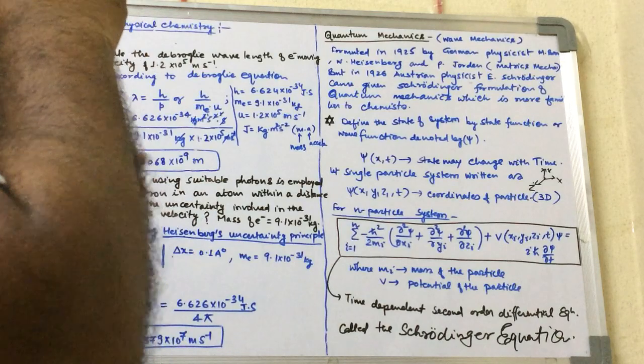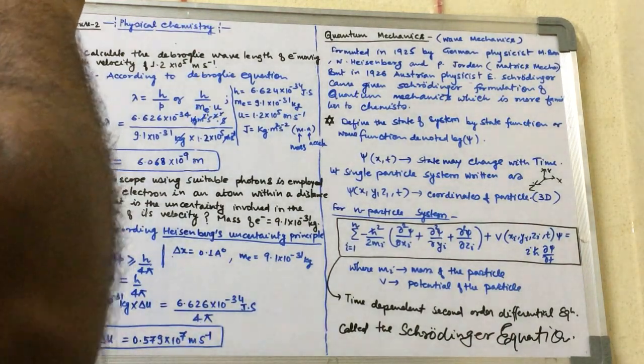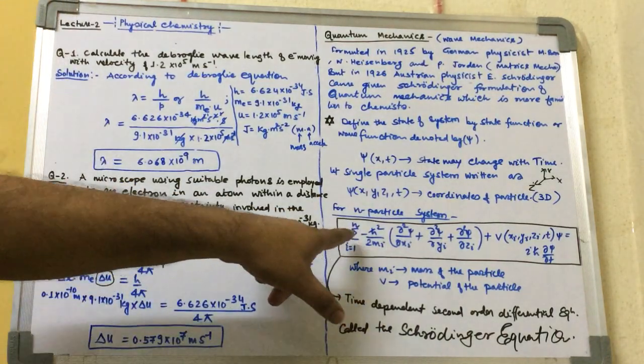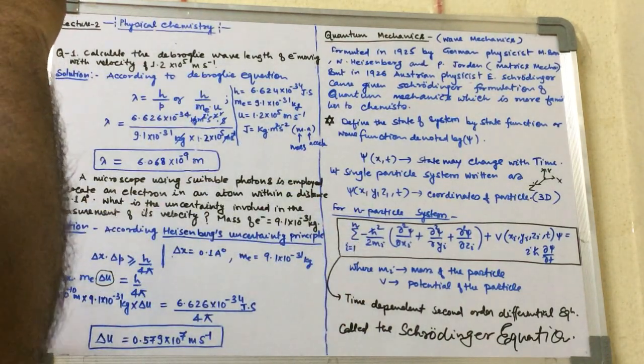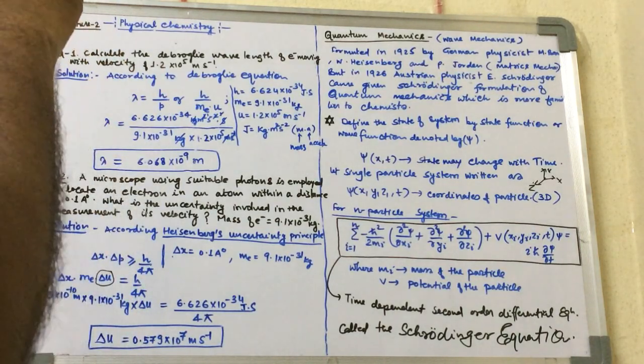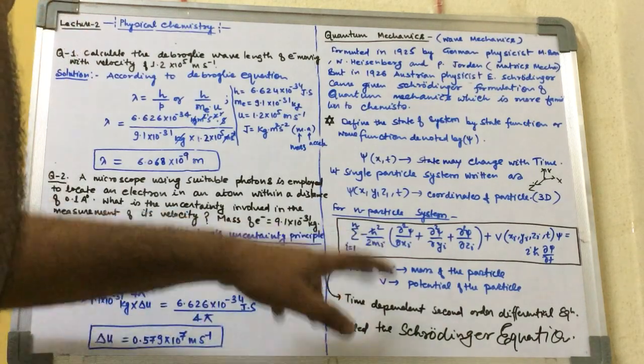Now we will talk about the n particle system. An n particle system means there are so many particles involved in that system. Then we could write the equation with a summation, because when we combine more systems, we use summation.